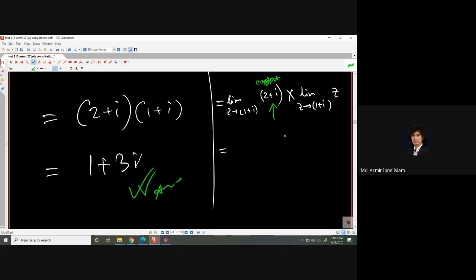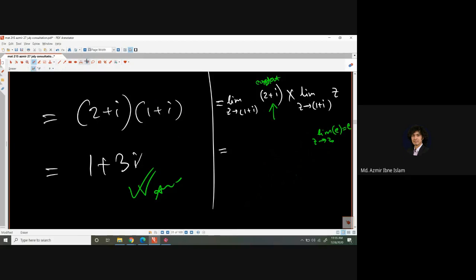So suppose limit x tends to 100 of 1. What will be the limiting value? 1. If we have 1000, still it is 1. So using this concept, since this is a constant, we can say that the limit of a constant is the constant.